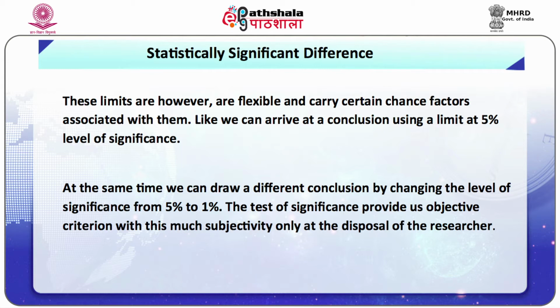Like, we can arrive at a conclusion using a limit of 5% level of significance. At the same time, we can draw a different conclusion by changing the level of significance from 5% to 1%. The test of significance provides us an objective criterion with this much subjectivity only at the disposal of the researcher.